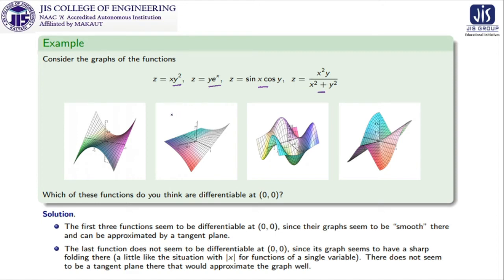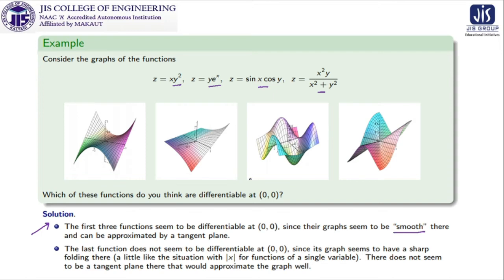Now the question is, which of these functions do we think are differentiable at (0,0) without doing any calculation? Look at this. The first three functions seem to be differentiable at (0,0) as their graphs seem to be smooth there and can be approximated by a tangent plane. As it is smooth, we will get a single tangent plane.